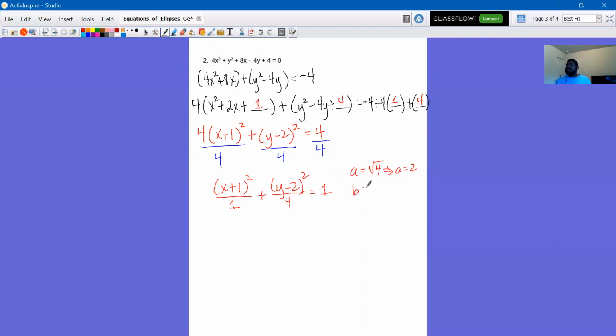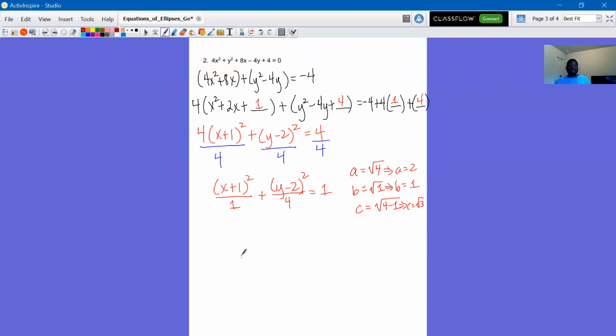My B is square root of 1, which is 1. And my C is square root of 4 minus 1. So here we get C to be square root of 3. And that could happen. You could get some irrational numbers here for C.